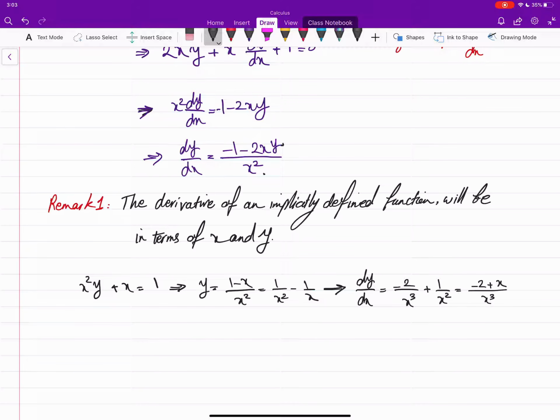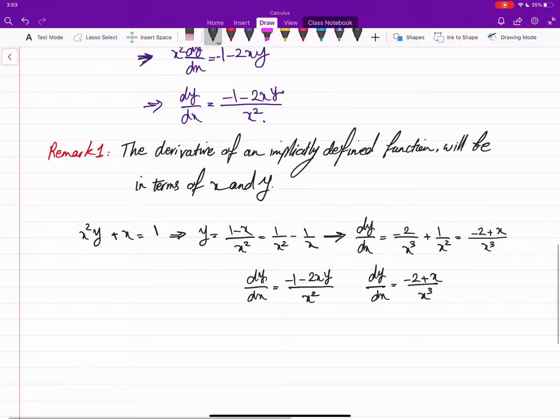You may compare these two things. Once doing implicit differentiation, we got dy dx is 1 minus 2xy over x squared. And once we used the explicit expression for y, we got negative 2 plus x over x squared. Which one of these is going to be the correct one? Actually, these are the same thing.